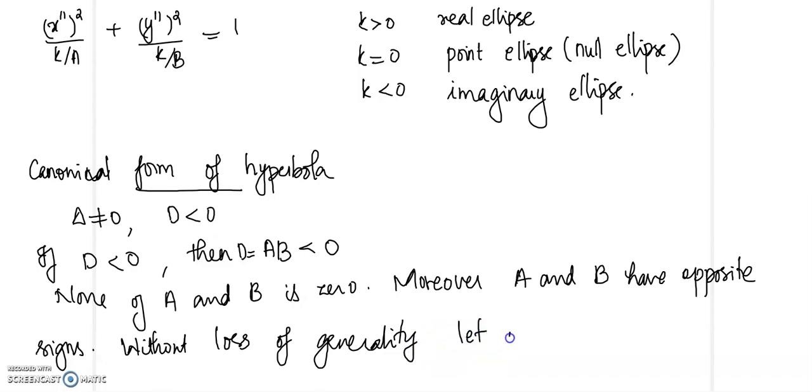Let us assume that a greater than 0 and b less than 0. And now let us not go into the details. So this is the same case as what we did for the ellipse.